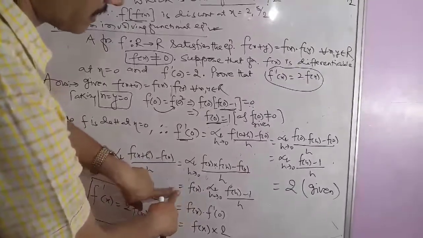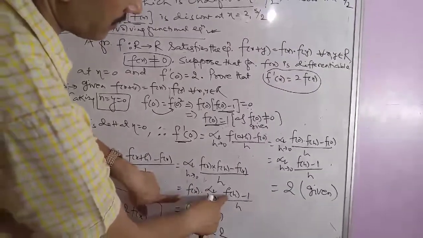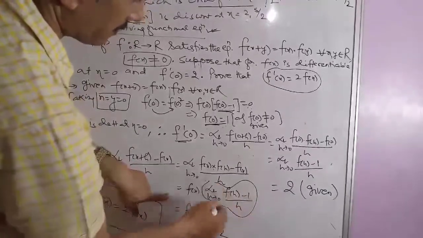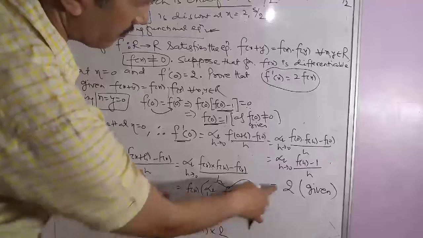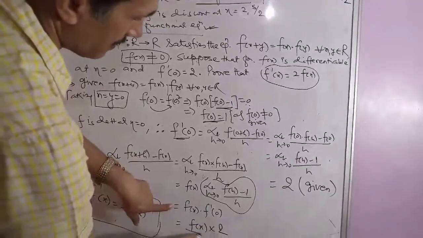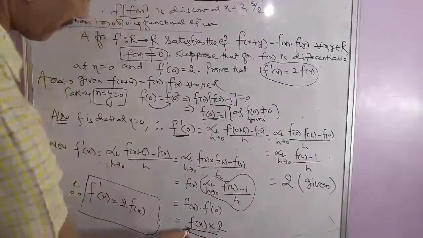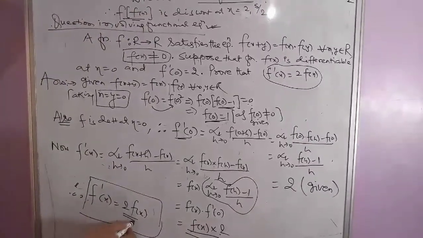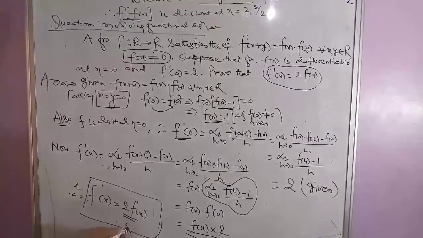This becomes f(x) into limit h tends to 0 of (f(h) minus 1) by h. This factor is equal to f dash 0, and f dash 0 equals 2. So this becomes 2 into f(x). Therefore f dash x equals 2 into f(x). This is the result.